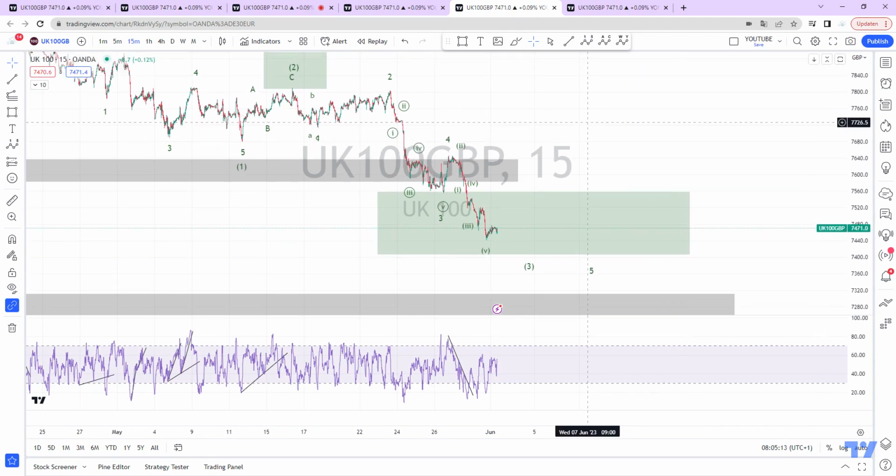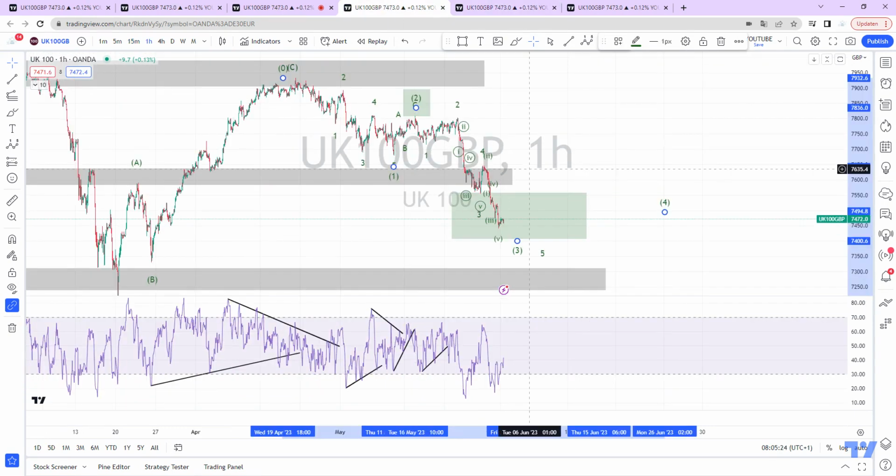Like this, I have to say this starts to look good for a long trade actually. So we reached this equal leg area.